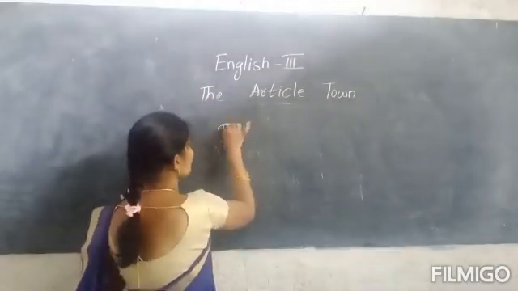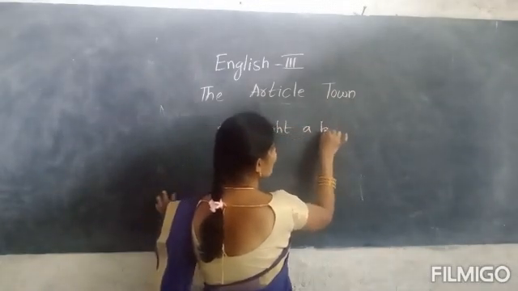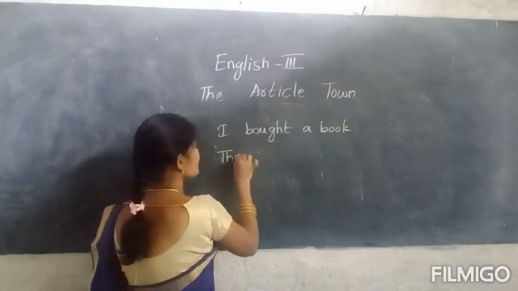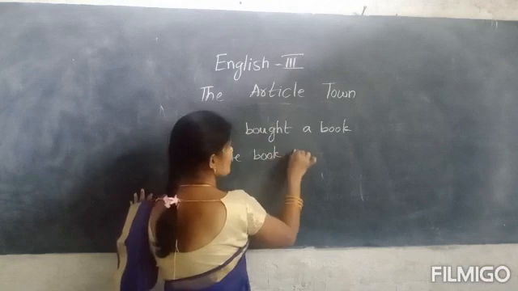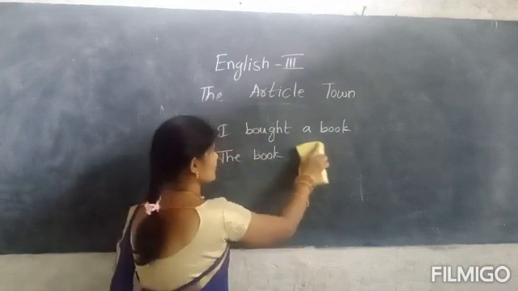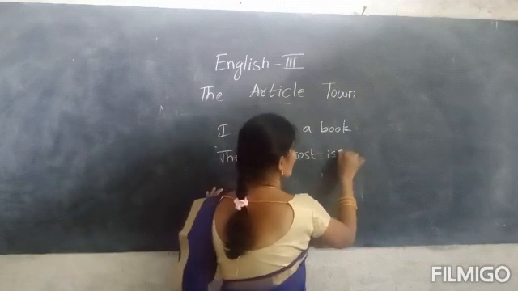I bought a book. I bought a book. Okay, book. The book cost is 50 rupees.